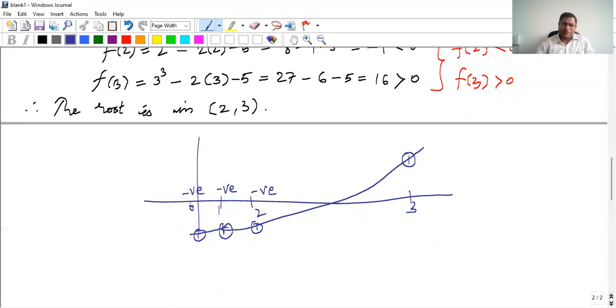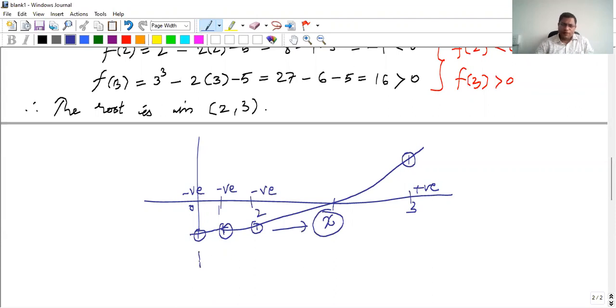So here we got these 3 negatives, and we got 1 positive. So here we have positive. Correct. Now why not 0 and 1? Why have we chosen 2? This is our actual root x, and we have to move closer to x.